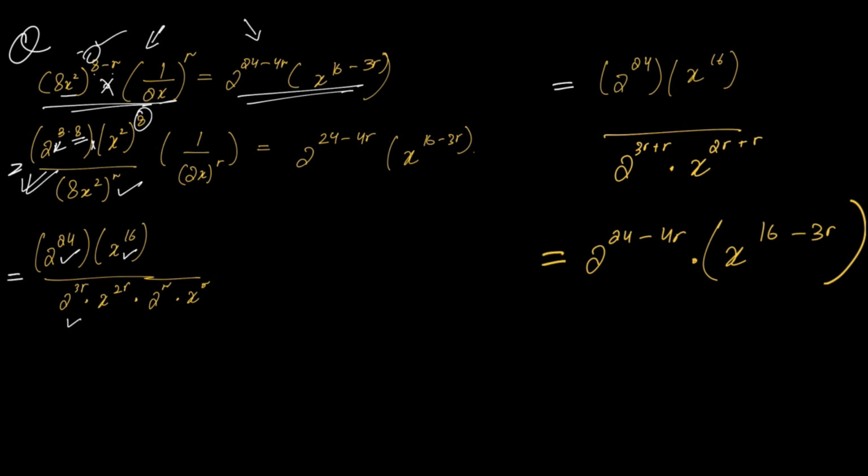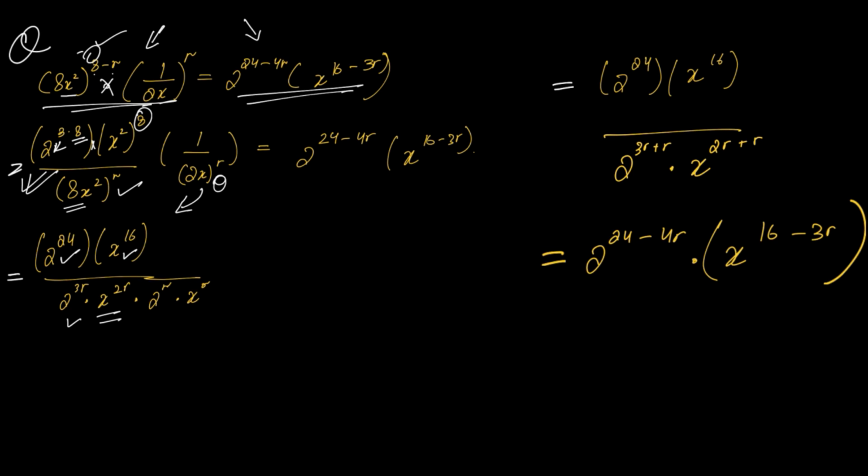Down here we get 2 to the power 3r, because again 8 is 2 to the power 3 and r is being multiplied by 3. Then we get x to the power 2r by multiplying r with 2, and then we brought this part here. So 2x to the power r, we'll write them separately, x to the power r and 2 to the power r.